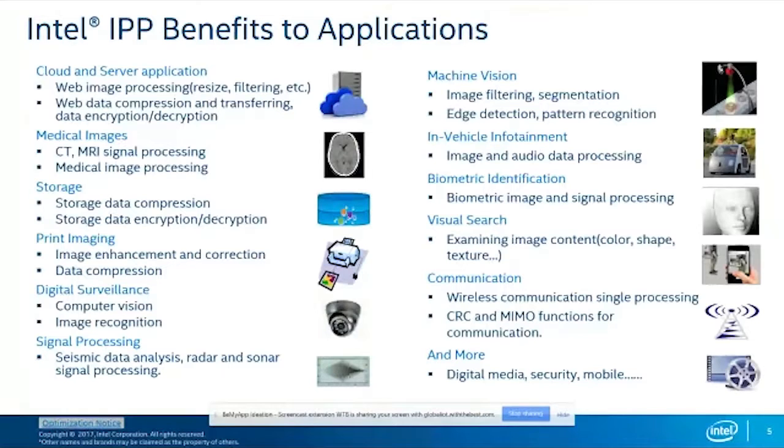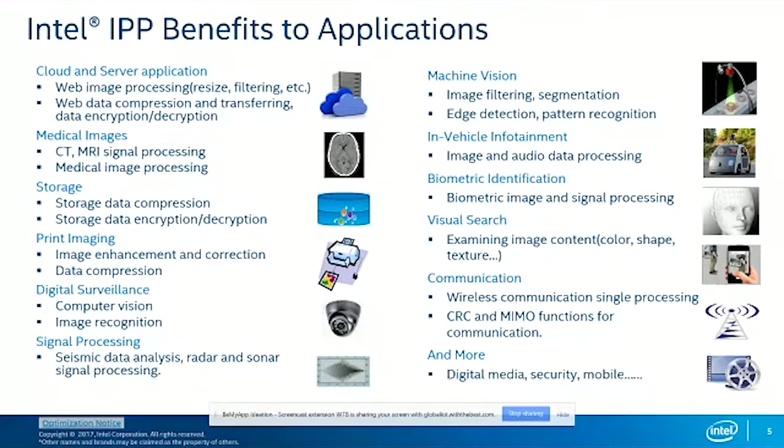Where can IPP benefit IoT applications? Basically, it can benefit different fields, for example the cloud, from the IoT, and server-side applications. On the server side, IPP has data compression functions that help you compress data on the servers.